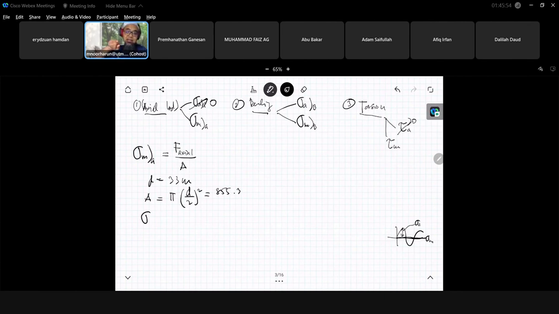The load is just steady loads. There's no alternating. Means for axials, F axials divided by A. So you akan dapat this is 1.75 megapascals.